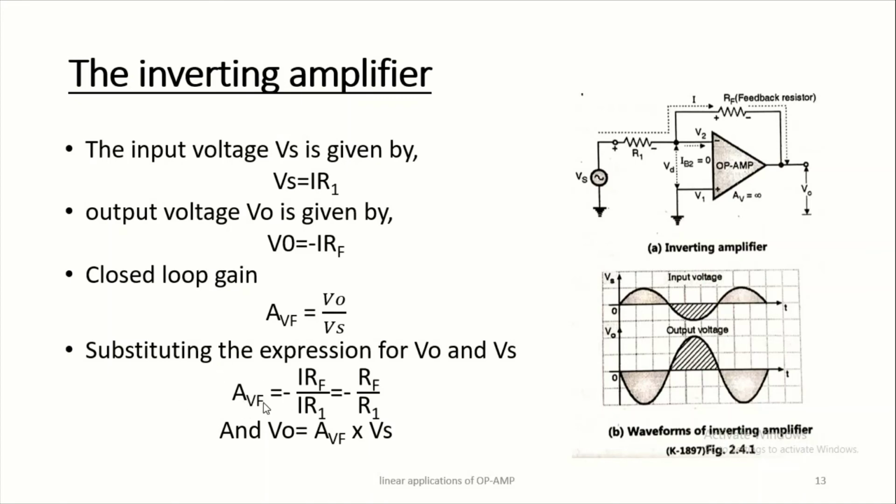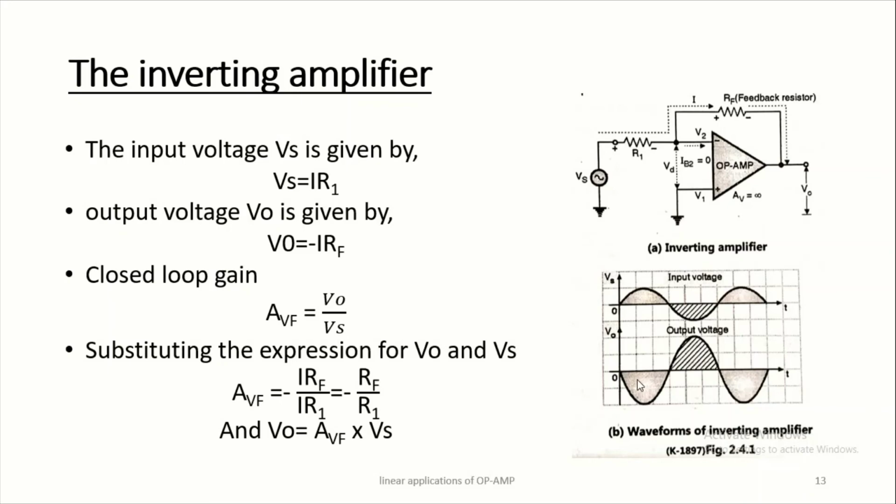Therefore, the closed loop voltage gain AVF is minus Rf by R1, and the output voltage is written as AVF into Vs. This negative sign indicates that there is a phase shift of 180 degrees between input and output voltages.